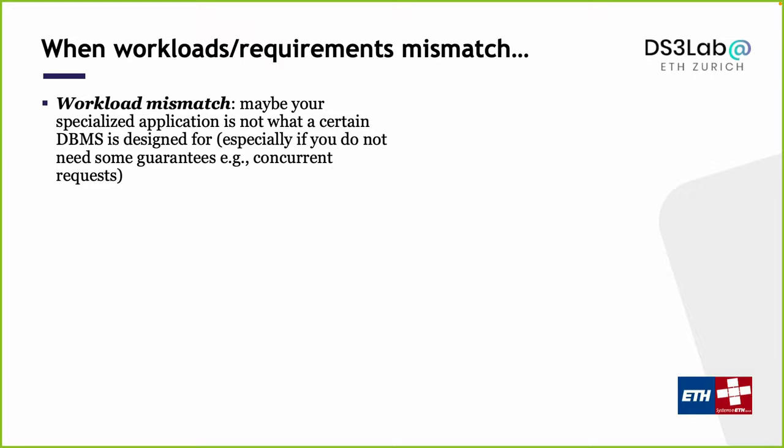Because when a database gives you those guarantees, it's actually not free. It's going to have some performance overhead to make them happen, right? When there's a mismatch between what you really need from your application and what a database can provide for you, that could potentially be scenarios where just using a database might not be the ideal way of doing that, okay? When you find a job and when you really try to build applications, think about that.